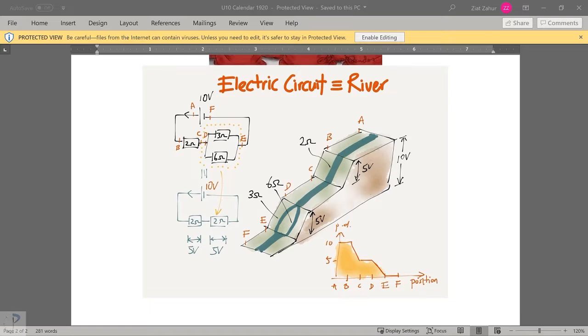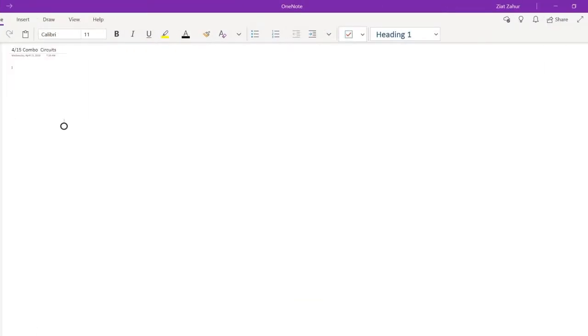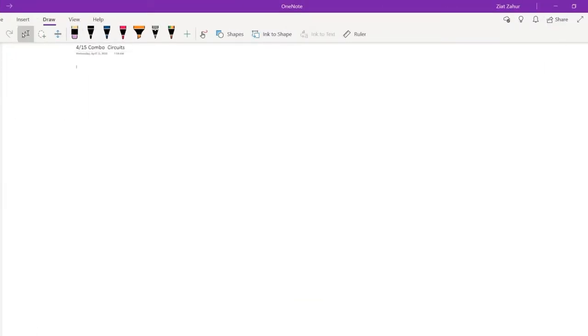All right, so let's begin by drawing this circuit out. We want to draw this circuit, combo circuits, starting with our battery.